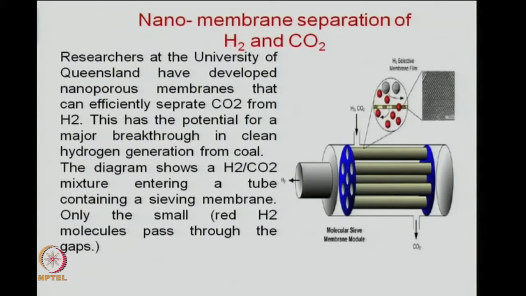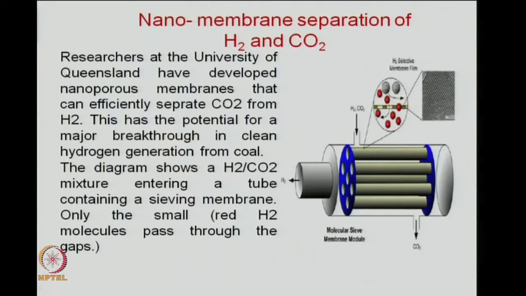This is another example of how nanotechnology can be of great use in fuel and energy considerations. For example, this is a nanoporous membrane which has been developed, which can separate carbon dioxide and hydrogen. So, you have these nanoporous membranes, and because of the particular size of the pores, it can separate hydrogen from carbon dioxide.